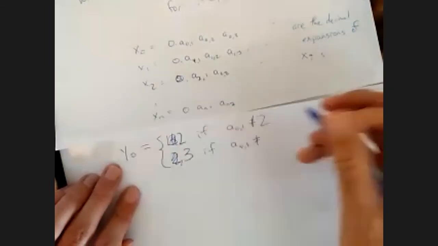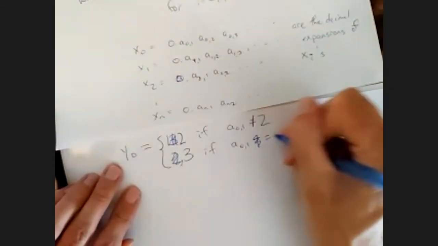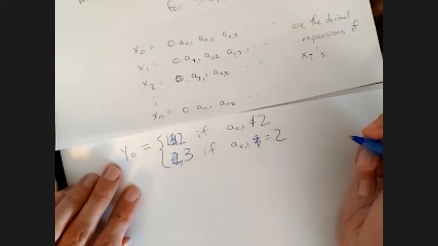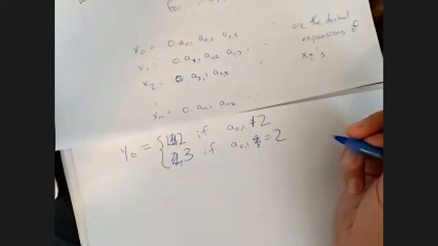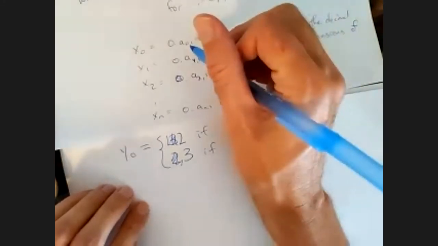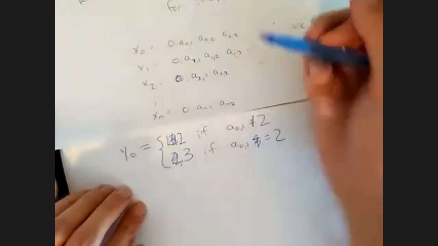It's going to be 3 if A01 equals 2. Yes, that makes more sense. So y0 has a different first digit than x0. That's what this says.